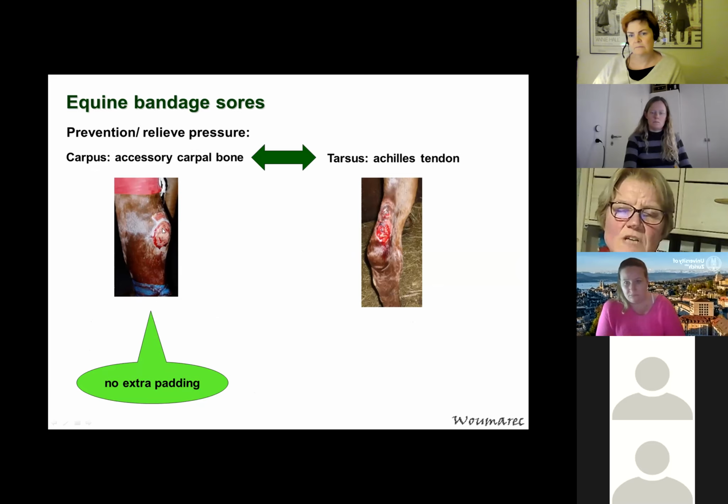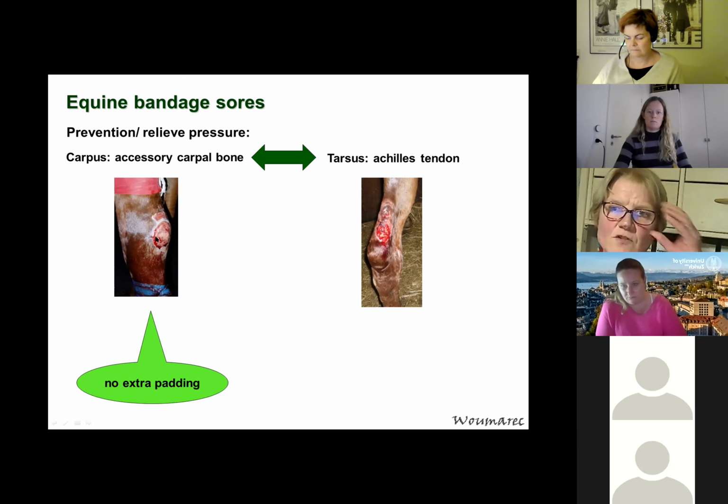If we would use extra padding on the accessory carpal bone, then we would increase the pressure on the bone. So we would deteriorate the healing of this wound, or we would increase the chance of the development of a pressure sore. So no extra padding in these kinds of problems.